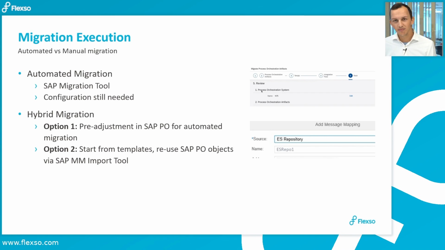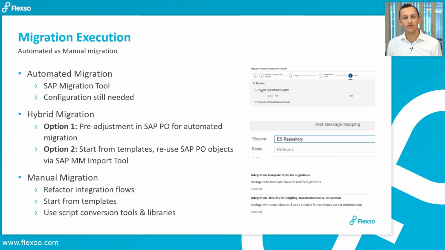We have the hybrid migration approach, and you see that there are two options. We can do a pre-adjustment in SAP PO. So this means that there is something that we cannot migrate, so we will just remove that in SAP PO, which will allow us to then migrate the greater part of the integration and to then do some adjustments. Or option 2 is we start from templates and reuse certain SAP PO objects, for example, a message mapping, a script.